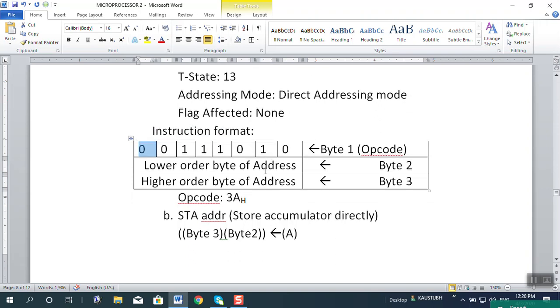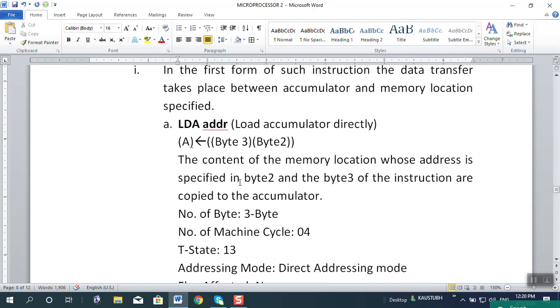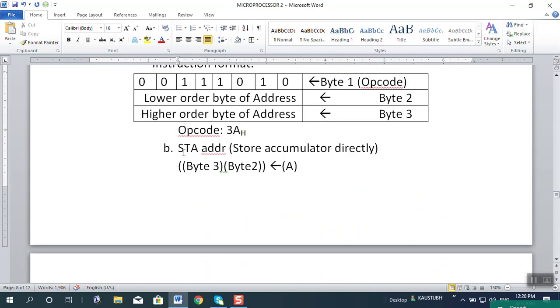So it is 3A. Another instruction of this type, just opposite to the previous one, is STA address, that is store accumulator.